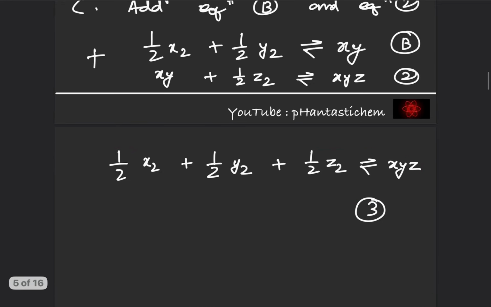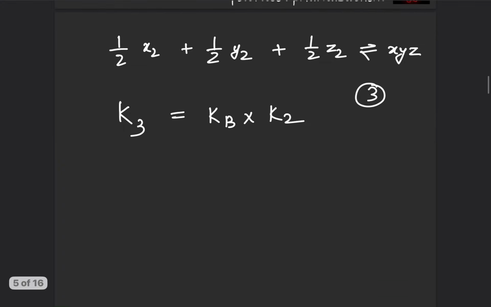So we can say that the equilibrium constant of the third reaction is the product of the equilibrium constants of the reactions it can be broken down into. So K3 is nothing but Kb into K2, right? We have already discussed this in the characteristics of the equilibrium constant.